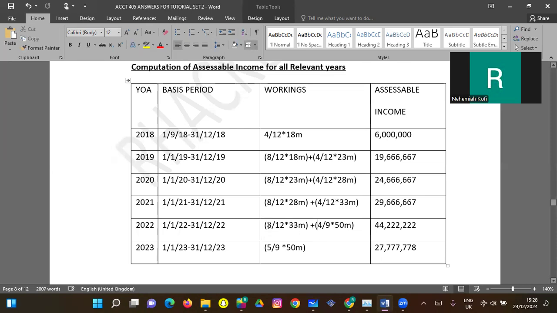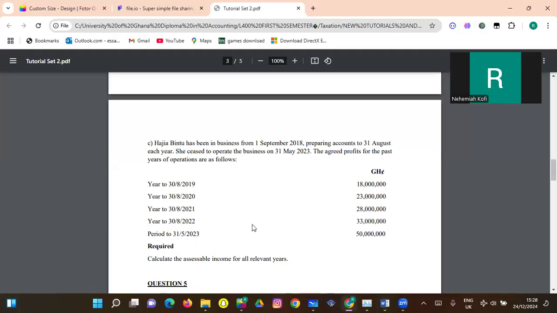So here, because we will be working from 1st January to 30th August also in 2022, our assessable income is going to be 8 over 12 times that particular revenue associated to it. So in 2022, we are going to work from 1st January to 30th August. Our assessable income is going to be within that one.